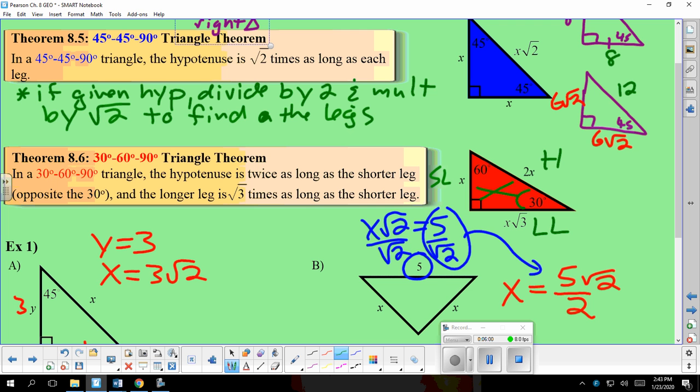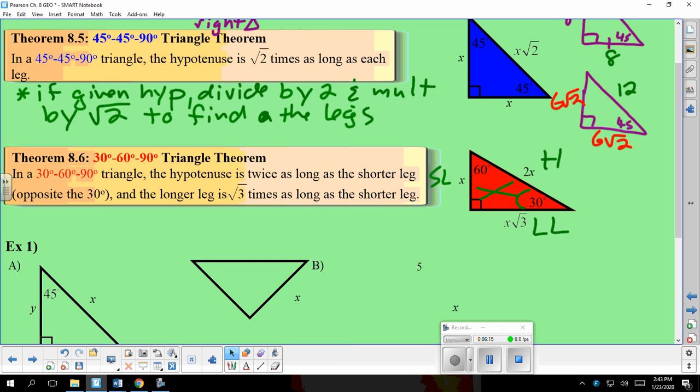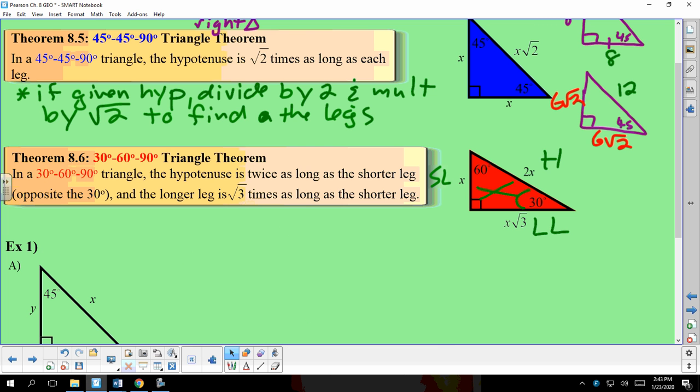Okay? So let's go ahead and see the 3 different types of situations you're going to be given here. Let me erase this for right now, give me some space. And I'll show you how these work.